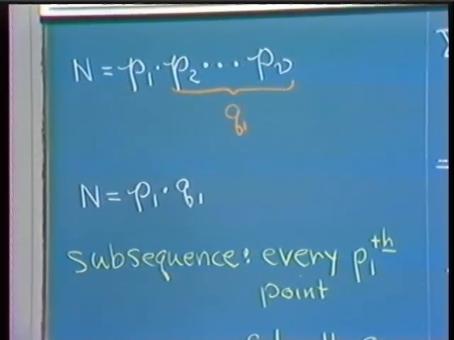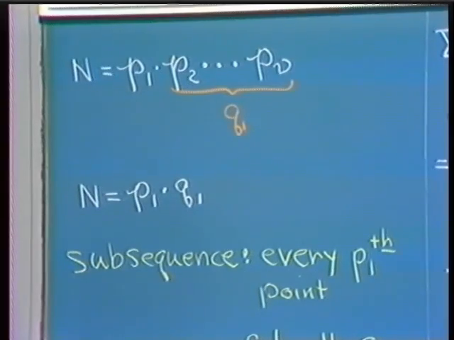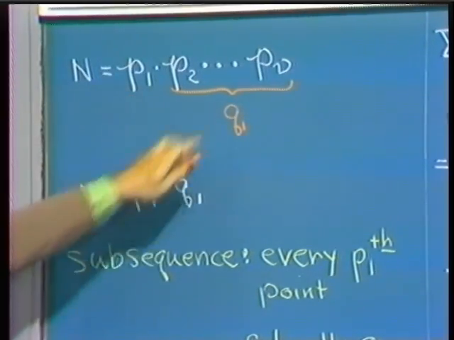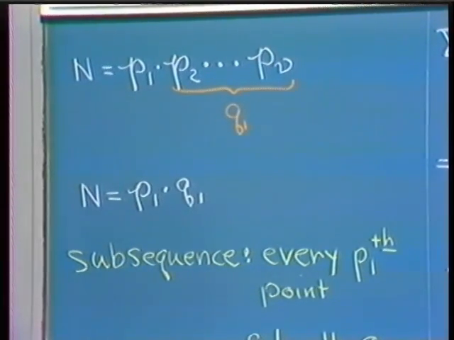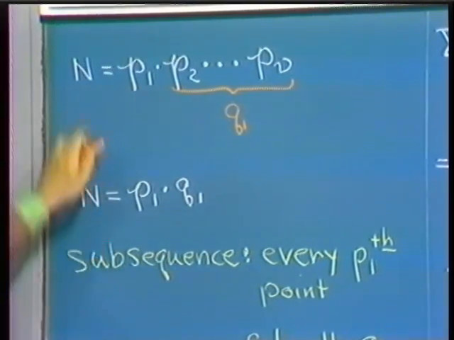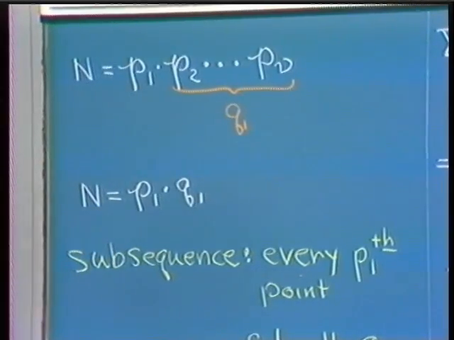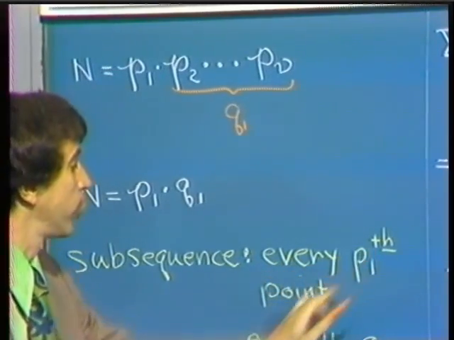In that case, we decomposed with p1 equal to 2 and q1 equal to n over 2. And we decomposed the original sequence into two subsequences, one consisting of the even-numbered points, the other consisting of the odd-numbered points. More generally, we would decompose the sequence into a set of subsequences consisting of every p1th point.